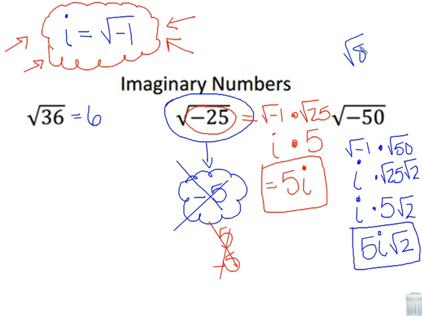If you were to do the square root of 50 and break it down, you would get the 5 and the square root of 2, just like we did here. But notice how our beginning number was negative. That means we're going to have an i in our answer because this is an imaginary problem. Okay, we are not going to get a real answer to this. It's going to be an imaginary number, and we're going to somehow use this i in our problem.